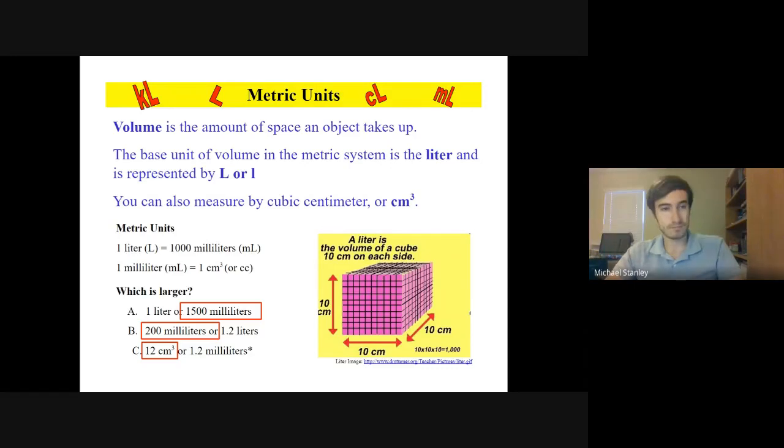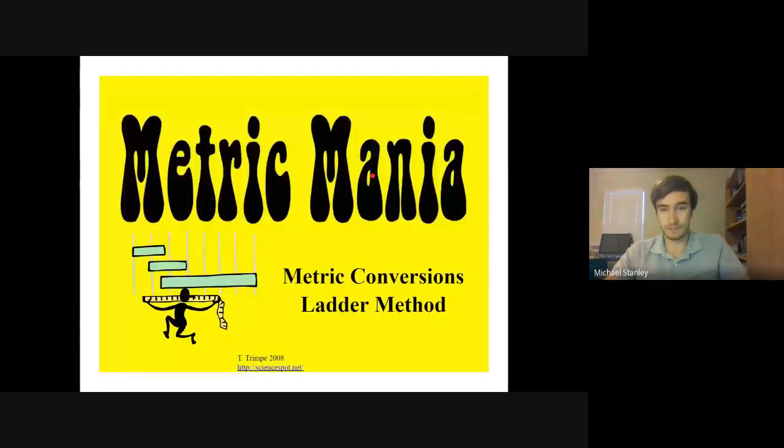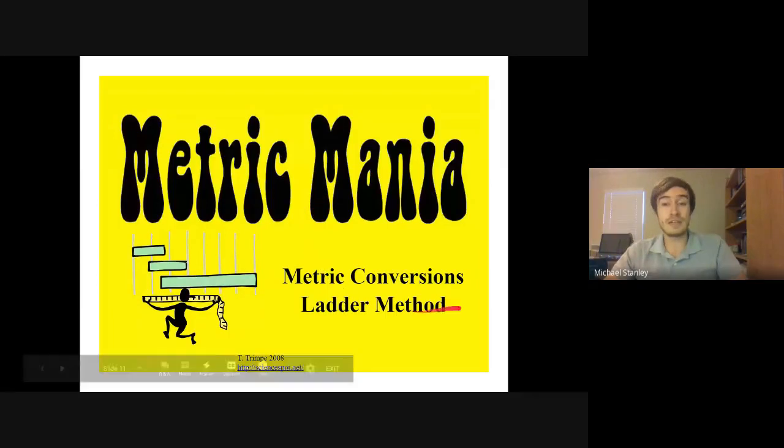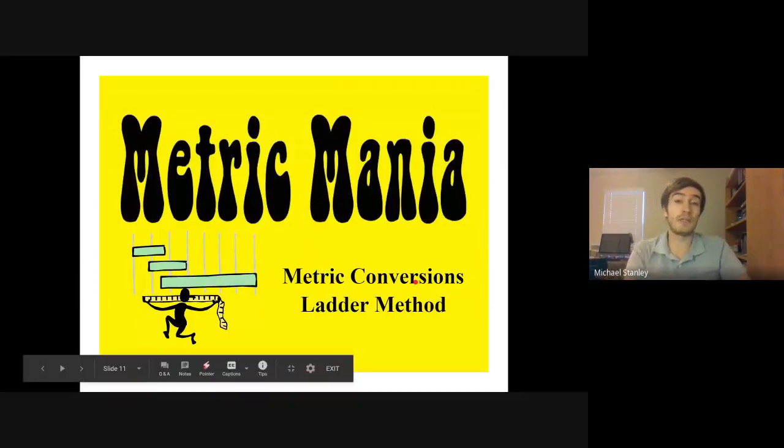Okay. All right. So sounds like everybody has that down, feels pretty okay with that, which is good because that's kind of the warm up to the main meat of our topic for this evening. And that is the idea of converting between different metric units.